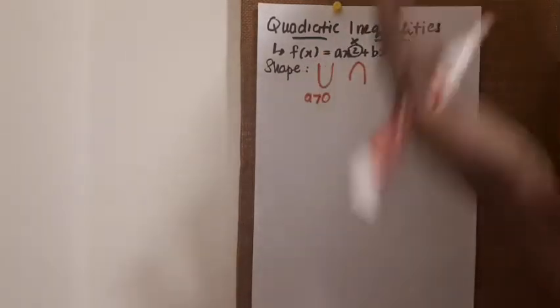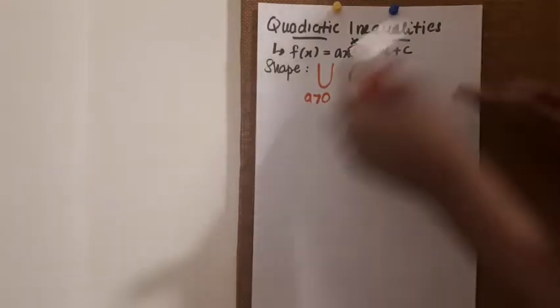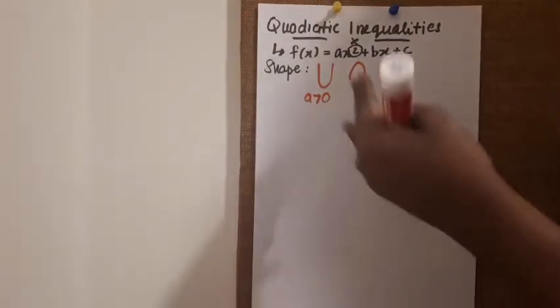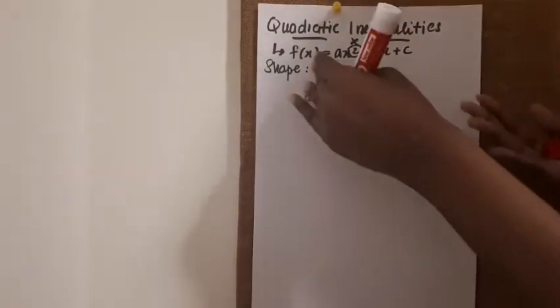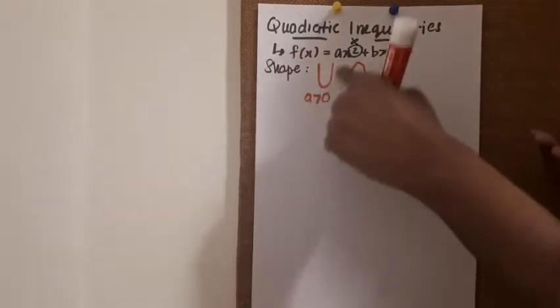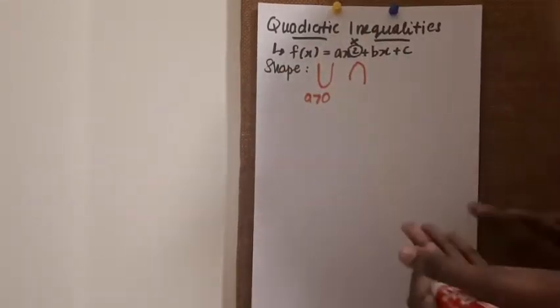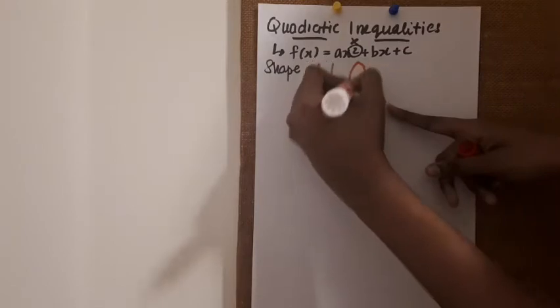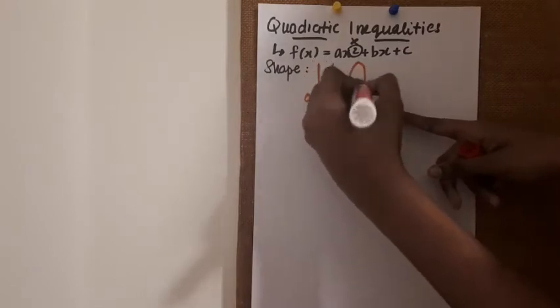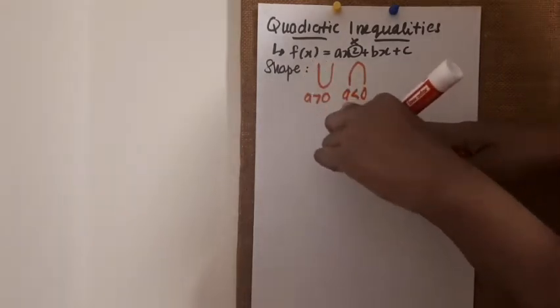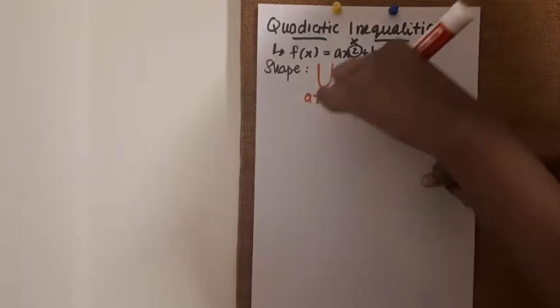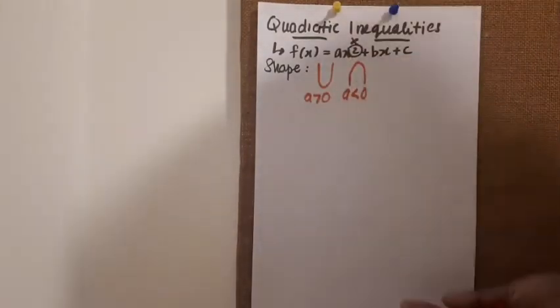Just take it as a result: when you get a good result, you become happy, right? So this is called the happy emoji graph. And when you don't get a good result, you become sad, which is negative. When a is less than 0, you will get a sad curve.